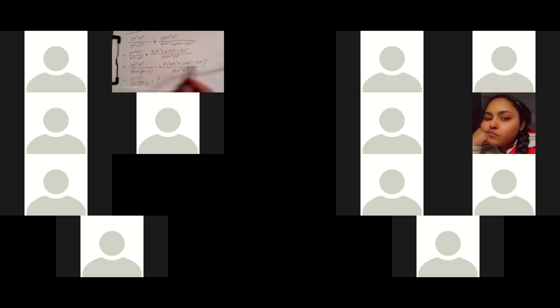Okay, now replace this trinomial with its factored form. So this trinomial is now replaced with 3m plus 5n times m minus n. And this all sits over 18 m to the 9th, n to the 5th.